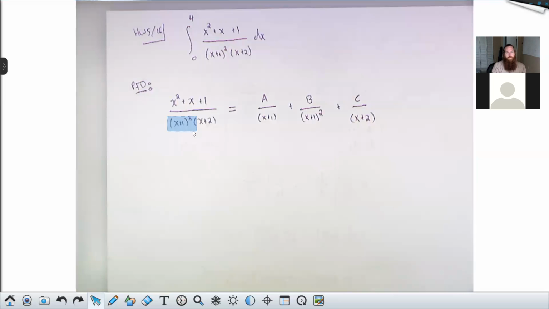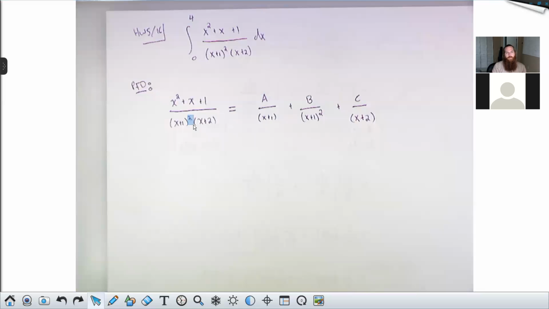So remember, you can get a factor like this downstairs by adding up not just something that has this, but also by adding up something that has this. If I just added these two together, then the denominator would have the factor x plus 1 squared downstairs. So I have to allow for the possibility that there's something like this in the expansion that we're using. So remember, repeated linear factors, you have to build up to that multiplicity. You have to build up to that power.